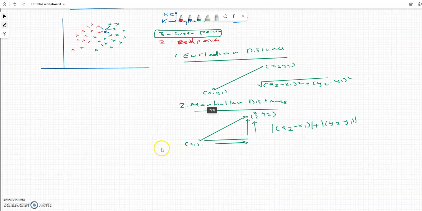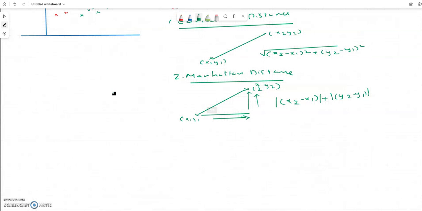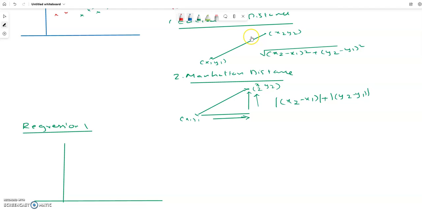Now let's look at the regression problem. Regression problem is also similar to our classification problem. Let's say we have two axes and we have our data points scattered here in this way.